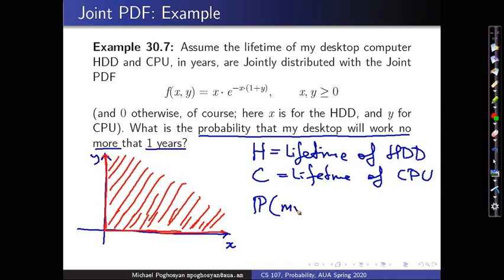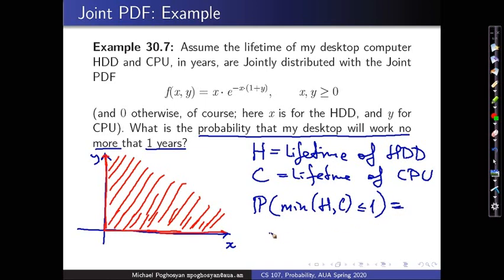So mathematically I am writing it this way: if, say, H is less than 1, then the hard disk is not working, so my computer is not working. This is the mathematical statement of the question, and we need to calculate this probability.